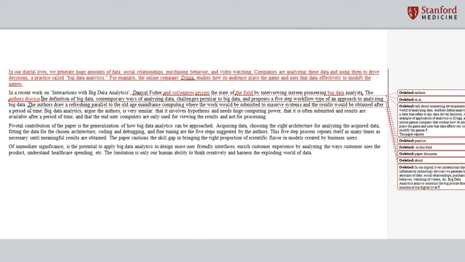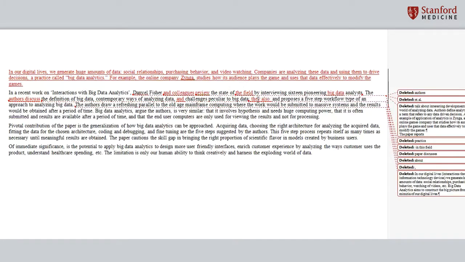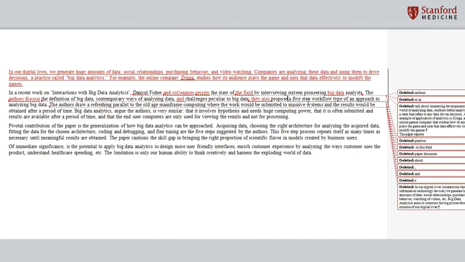So let's make this a list. The authors discuss the definition of big data, contemporary ways of analyzing data, and challenges peculiar to big data. Wrap that list up and then start with the next idea about proposing. So they also propose a 5-step workflow. And then we get type of an approach to analyzing big data. Well, we don't need any of that, right?